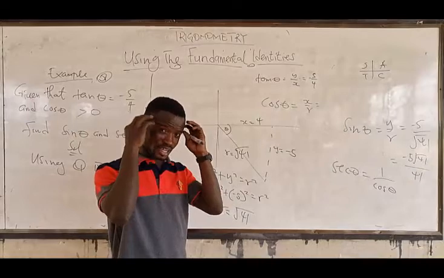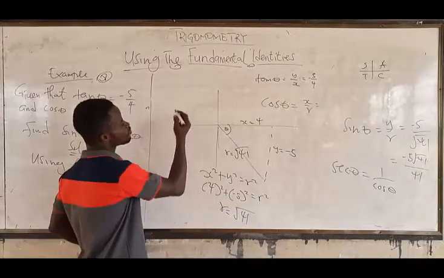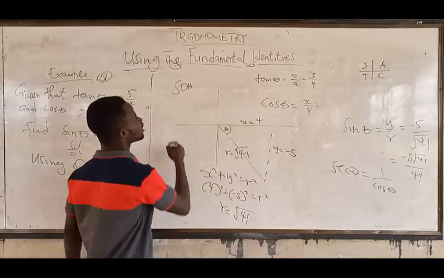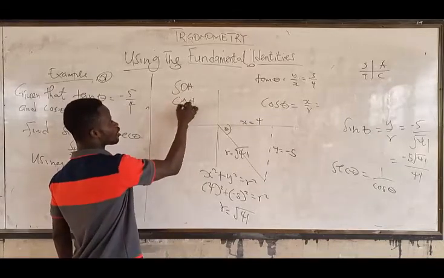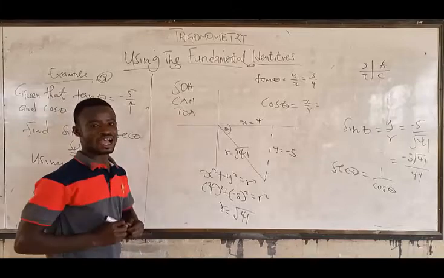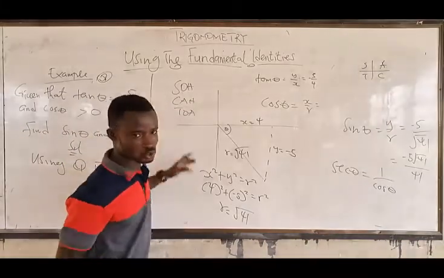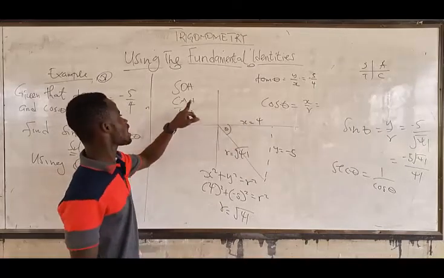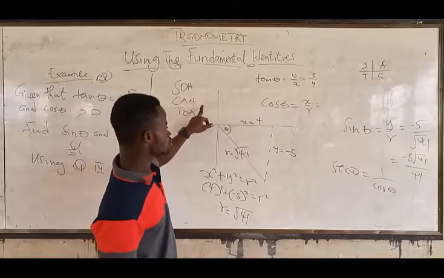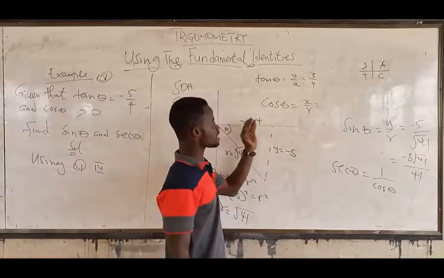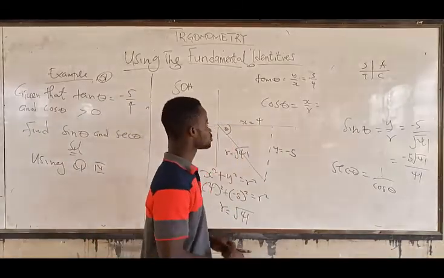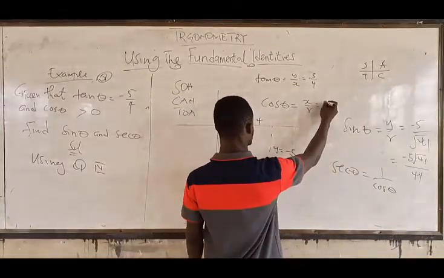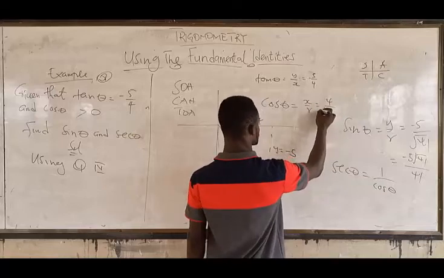You have to get all these things here, because that's coming from the idea of SOH CAH TOA. For CAH, you see cos is adjacent over hypotenuse. So the adjacent is the x and the hypotenuse is the r. So just quickly x over r, and that is going to give you 4 over square root of 41.